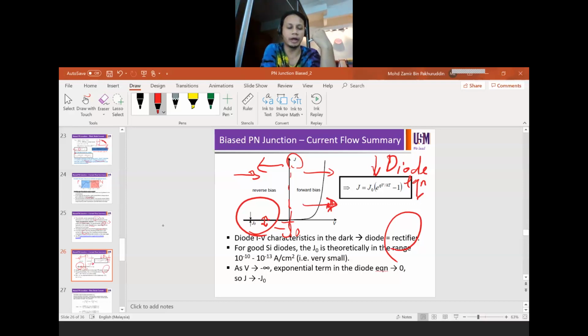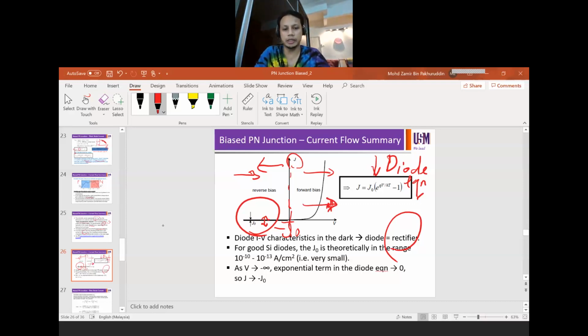We will have it. It's just that when you design or fabricate your semiconductor device, you should make sure that your J naught is small enough and doesn't affect your current voltage performance.